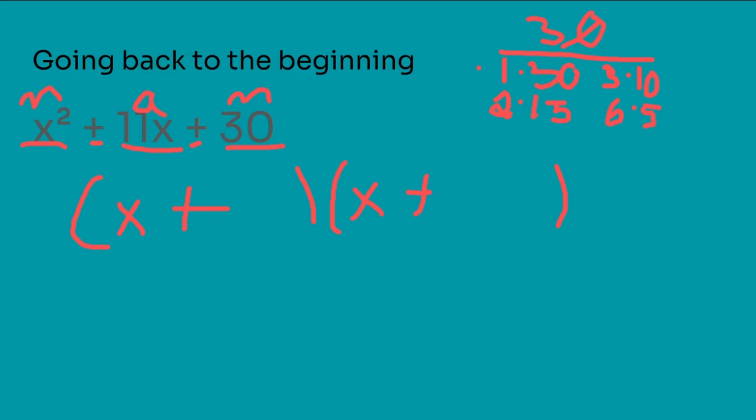I pose to you, which one is the correct option for this equation to put here and here? A, B, C, or D? If you said D, you would be correct. D adds to 11 and multiplies to 30. And this would be your solution.